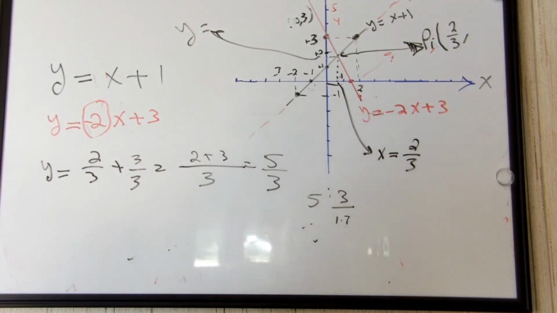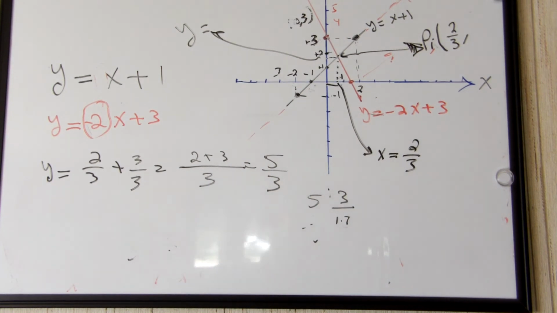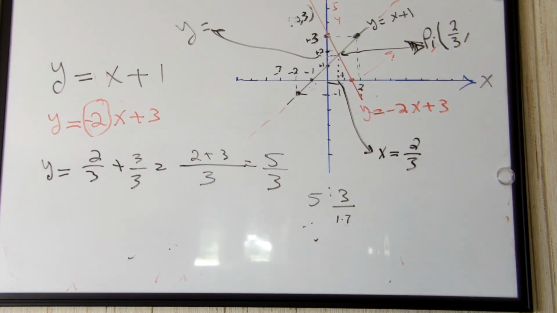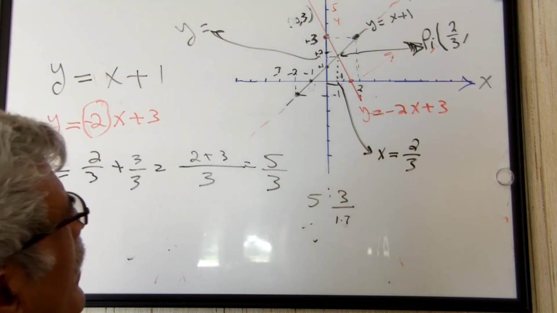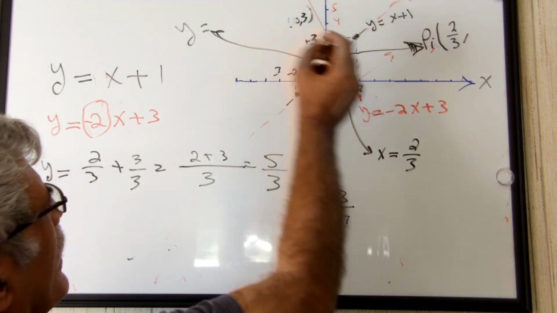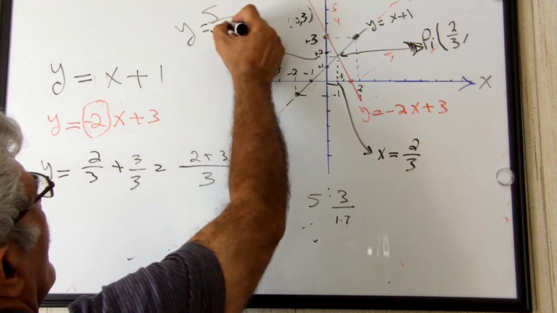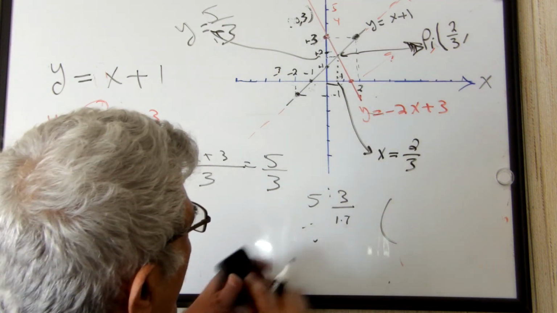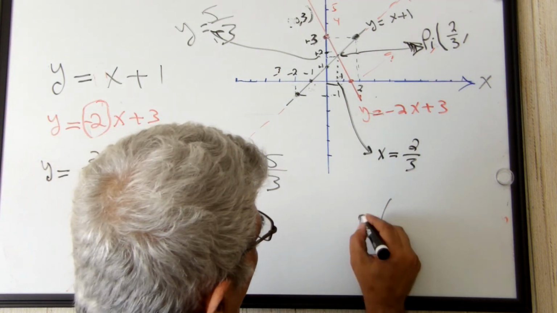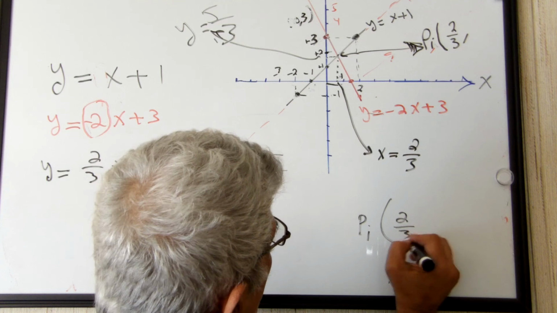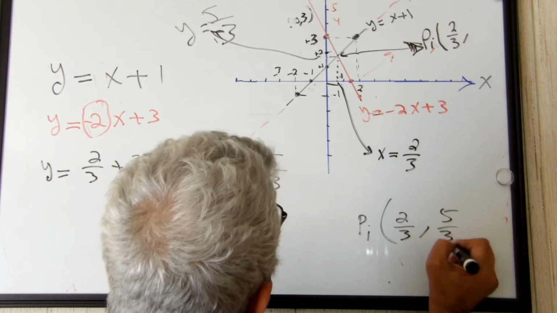Every point has an x coordinate and y coordinate. You cannot say that we have only one coordinate. Any point has two coordinates. So y is 5 over 3. So the point of intersection is going to be 2 over 3 and then 5 over 3.